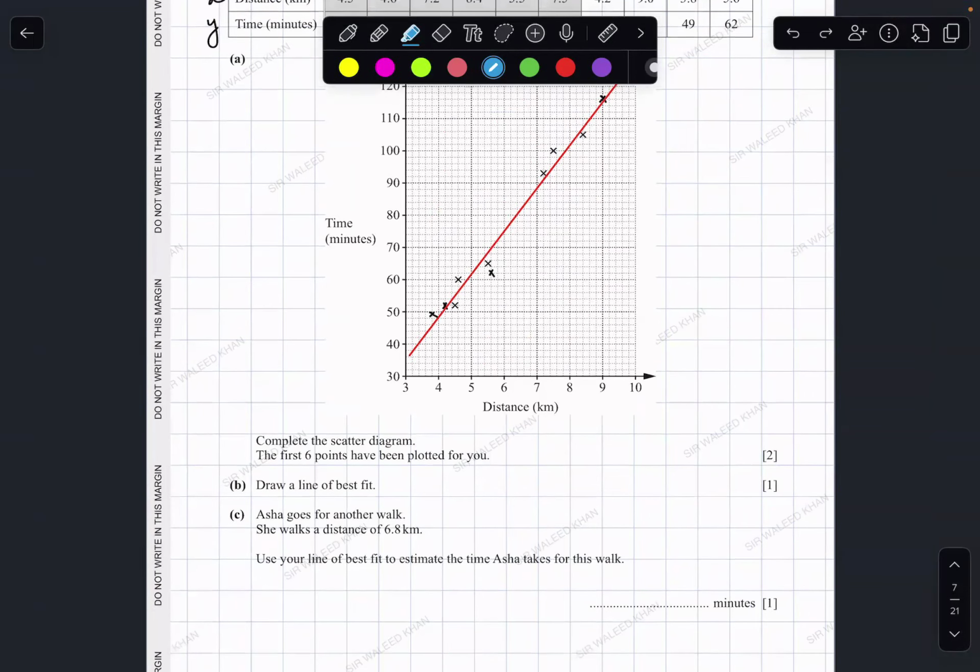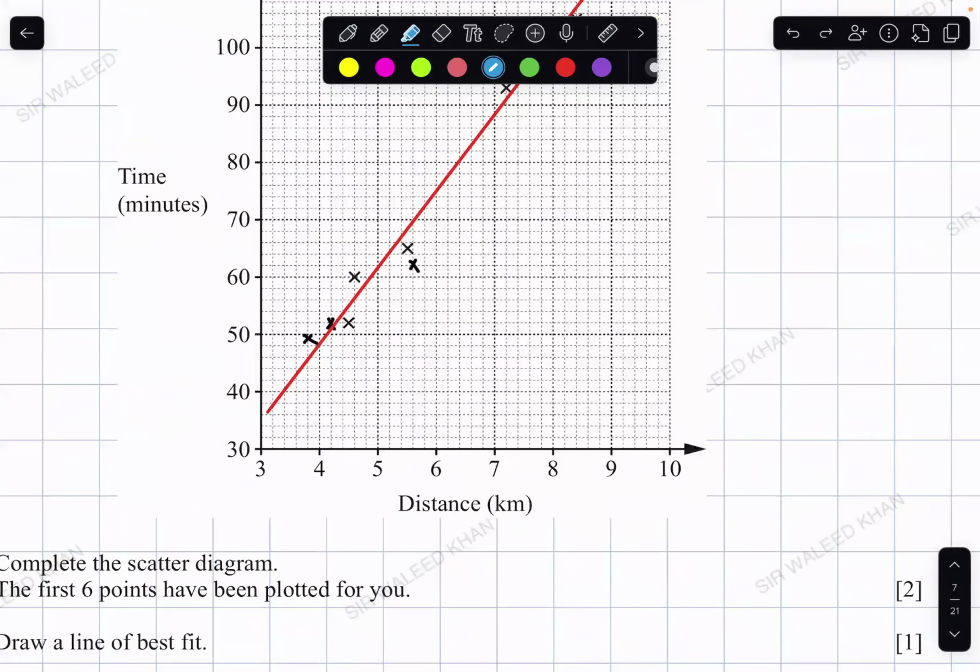Asha goes for another walk. She walks a distance of 6.8. Use your line of best fit to estimate the time Asha takes for this walk. So I'll go from 6.8 on the x-axis and see what value I get on the line of best fit.